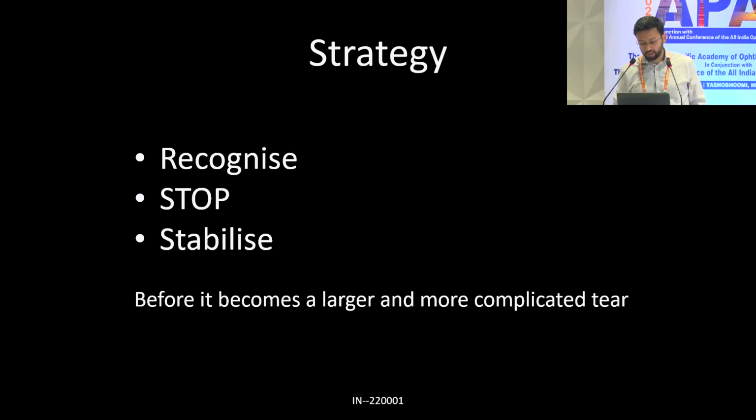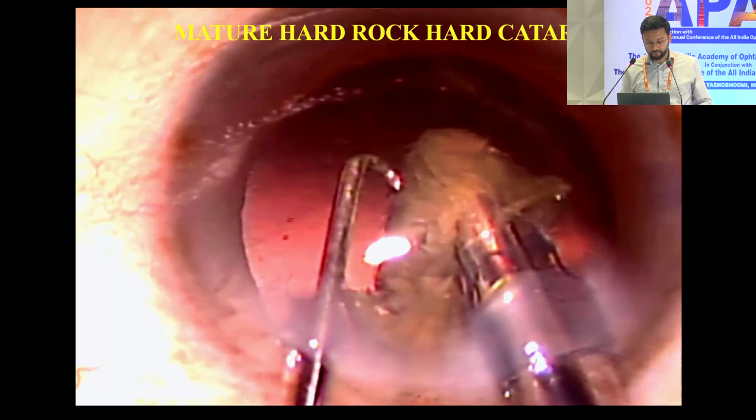We should stop aspirating, and the phacoemulsification should also be stopped. We should continue irrigation, inject visco and form the anterior chamber immediately, and then stabilize the chamber and the tear by various techniques before it becomes larger and causes more complications.